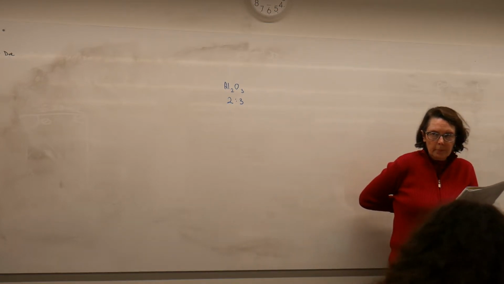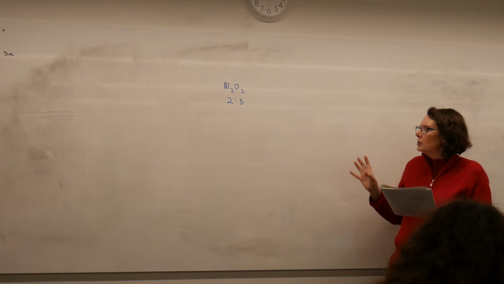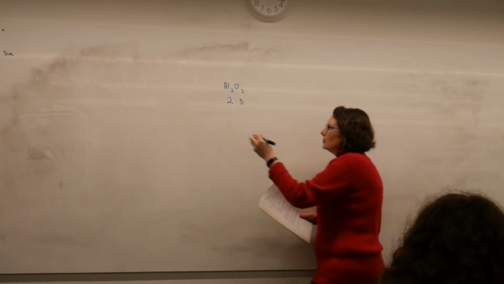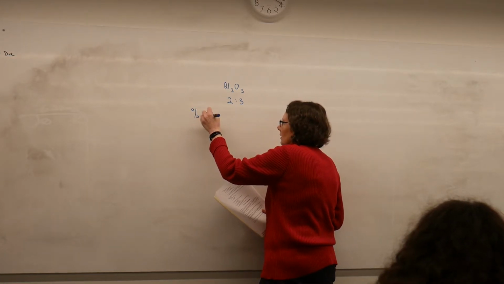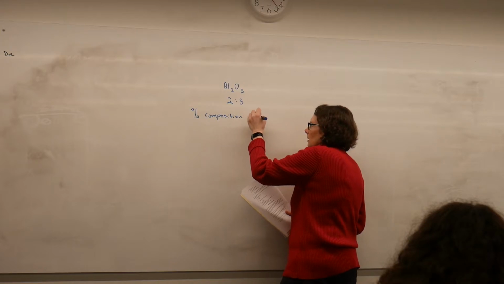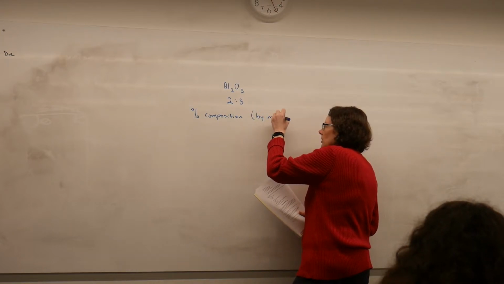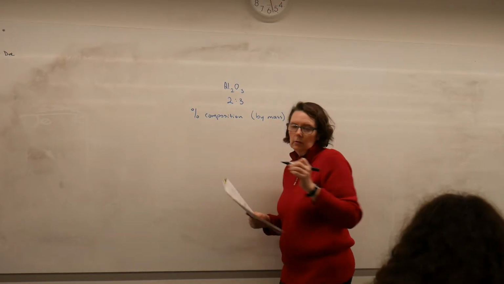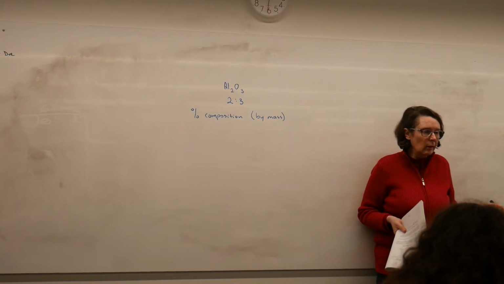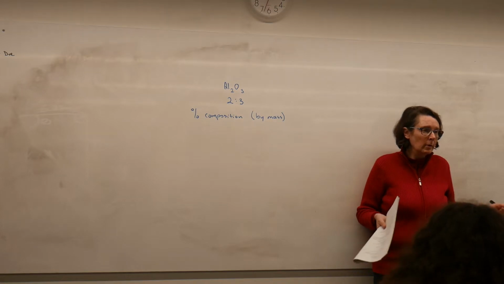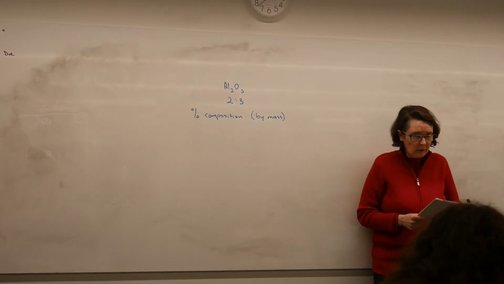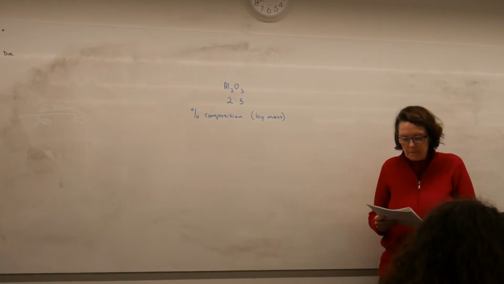And so we can use this information to work out percentage composition, which is always by mass. So the question won't necessarily explicitly tell you that it's by mass, but it will be by mass because you're using relative atomic masses to work out the percent composition.